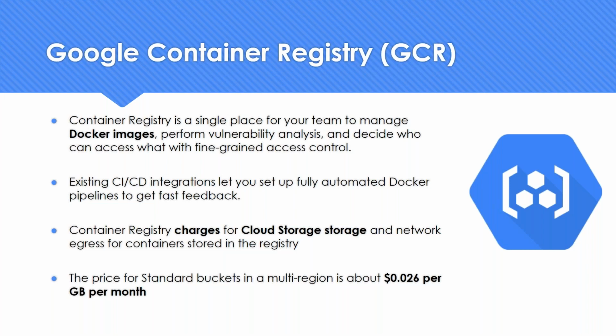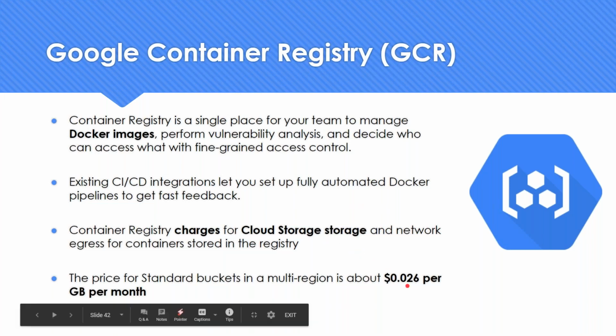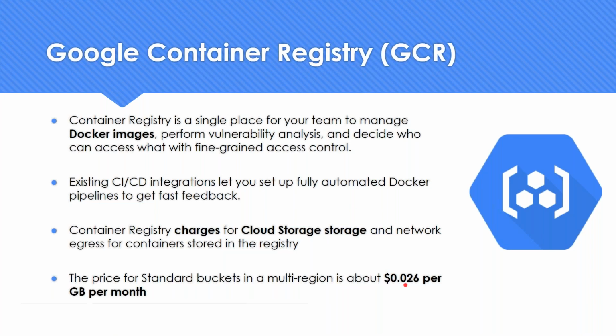And the big advantage of this one is that whatever you keep in GCP is always a private repository. And the price is going to be very, very cheap. It is basically based on the size. It uses Google Cloud Storage behind the scenes. In Google Cloud Storage, it's going to be multi-regional.